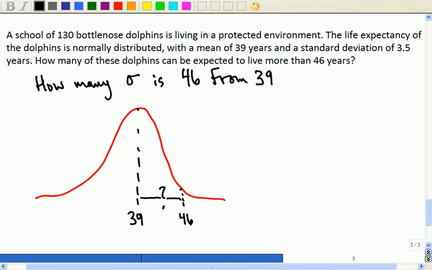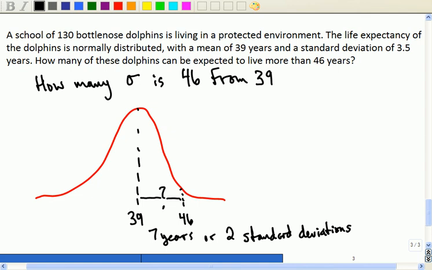So change it from 7 years to something that's going to help us solve this problem. 2 standard deviations. So that means I moved over 7 years, or 2 standard deviations.